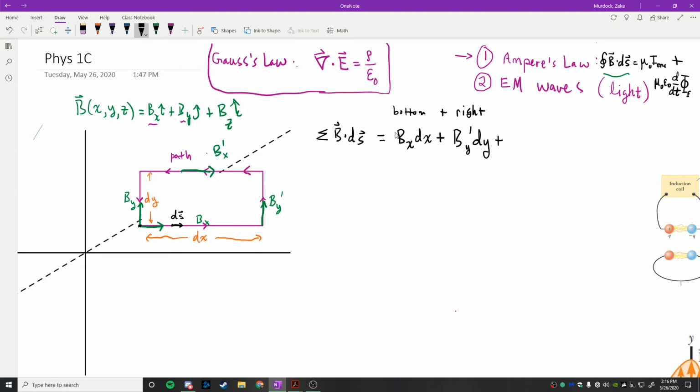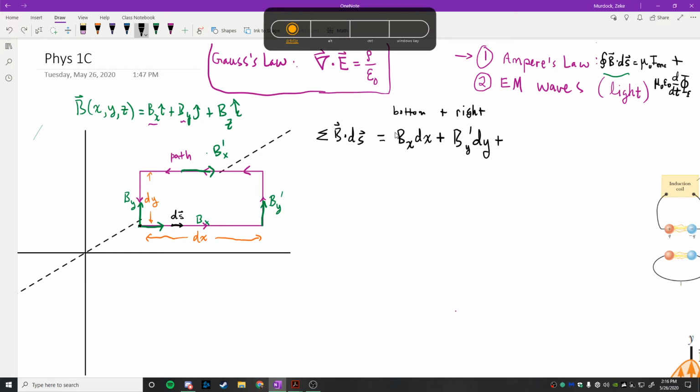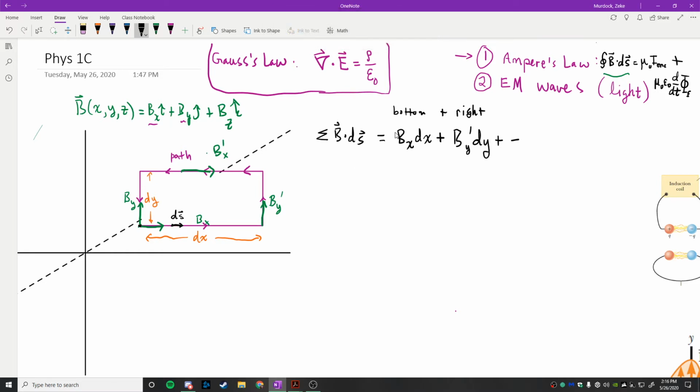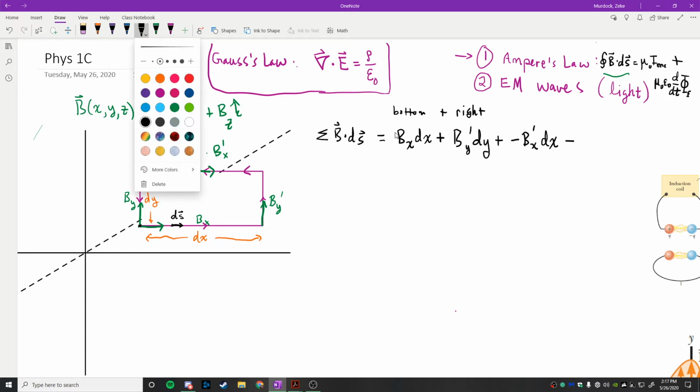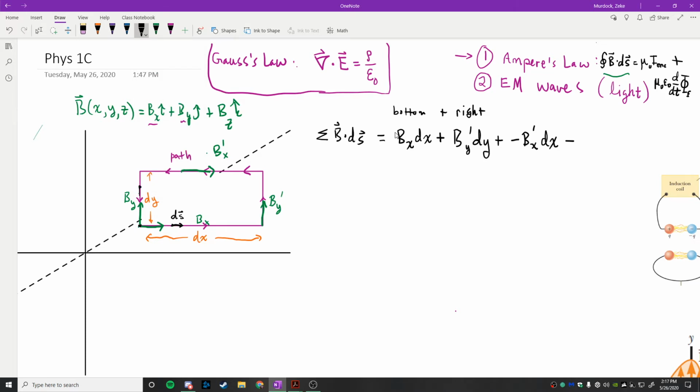notice that Bx prime points to the right, but the path goes to the left, right? And what we're doing here is a dot product, right? Dot product tells us that we're going to get a negative Bx prime times dx here. And on the left-hand side over here, again, because By goes up and the path goes downwards, just keep in mind here, ds is a vector that points this way on this side.